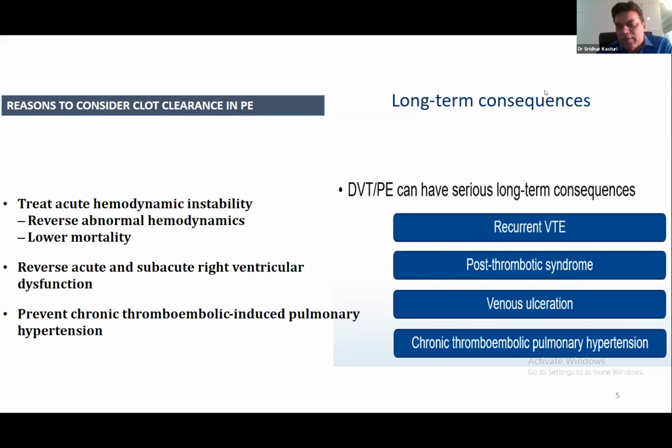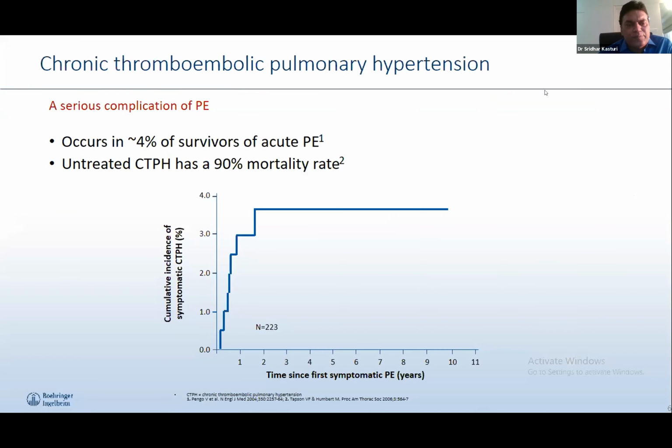Suppose you have not treated, it gets organized, and multiple thrombi can also lead to chronic thromboembolic hypertension. So these are all very important.